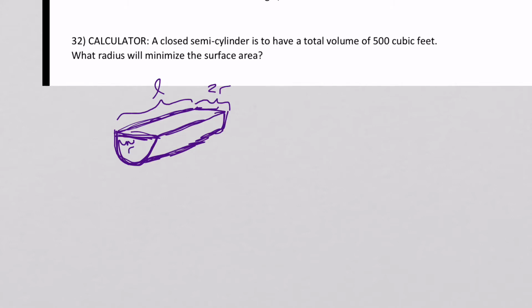The area of the base is half of a circle. It's a semicircle. So the area of the base, well, it's a circle, pi r squared, but it's half of it, so it is 1/2 pi r squared, okay? So the volume is going to be the area of the base times the height or the length.